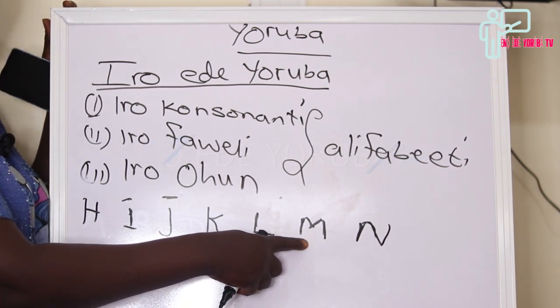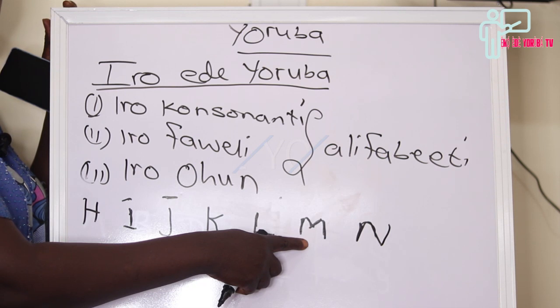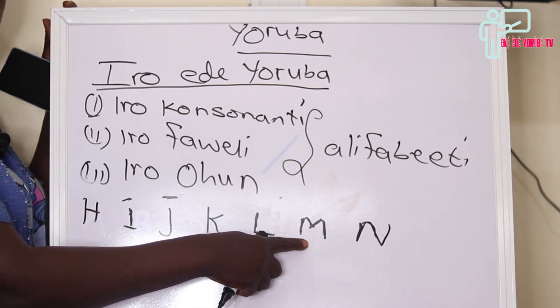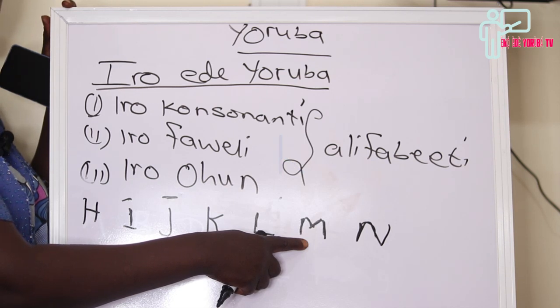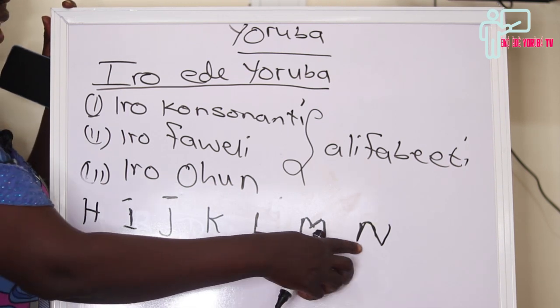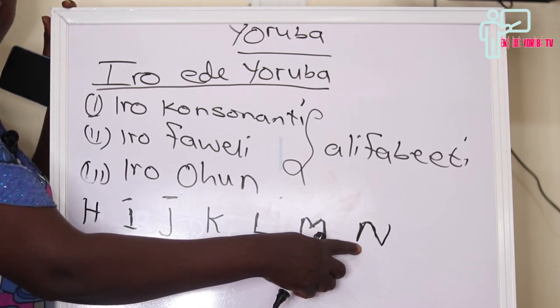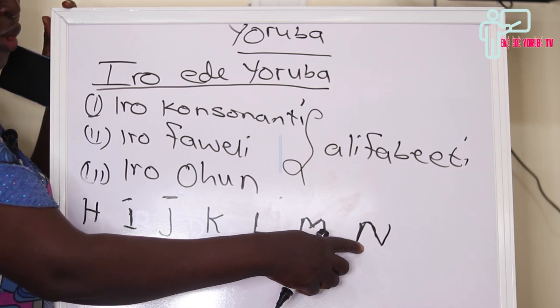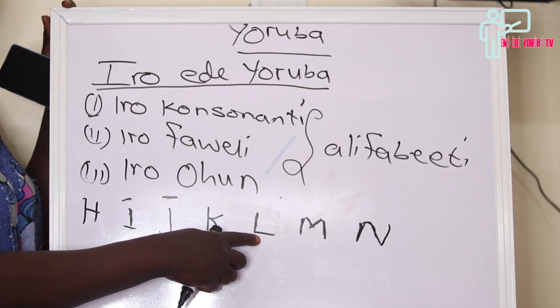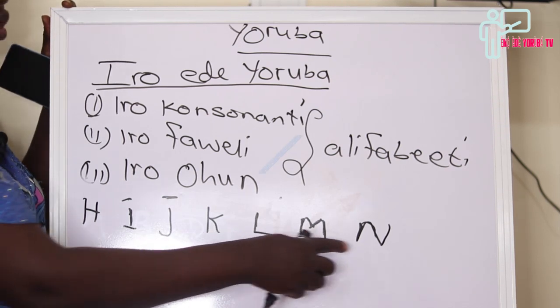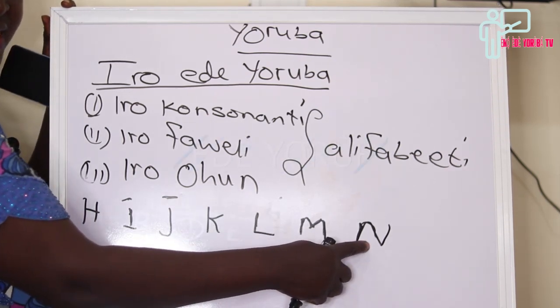This one is M in English. A pè ní mí. We use your two lips. Mí. Eléyìí ni ní. This one is as if you are calling L in Yoruba. Li. So this one is ní.